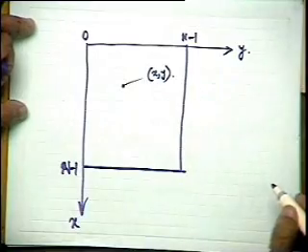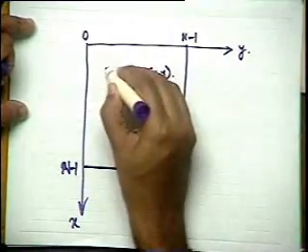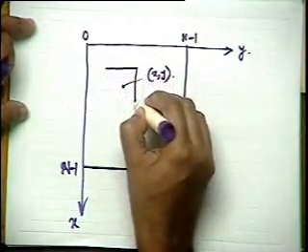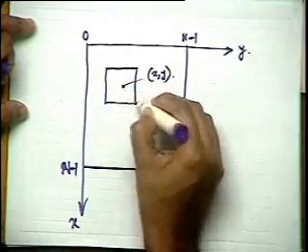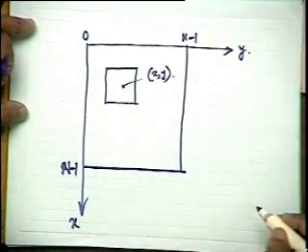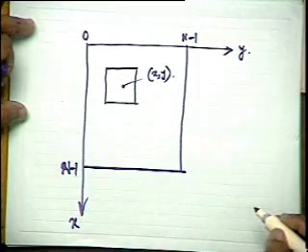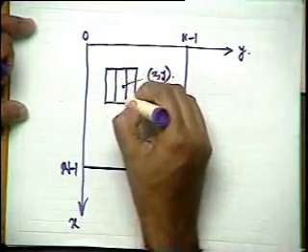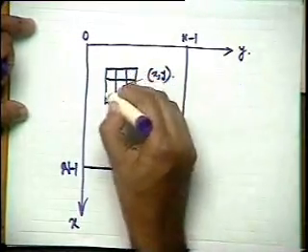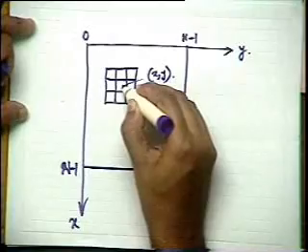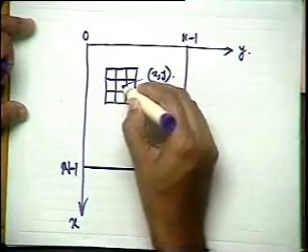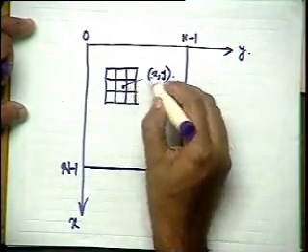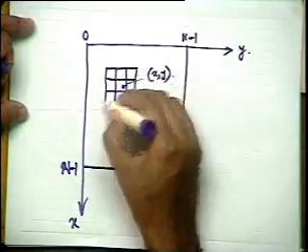Now around that point xy, let me define a small sub-image. The idea of this sub-image is that I would like to choose a neighboring region around this point xy. So with the point xy as the center, I have chosen a sub-image.